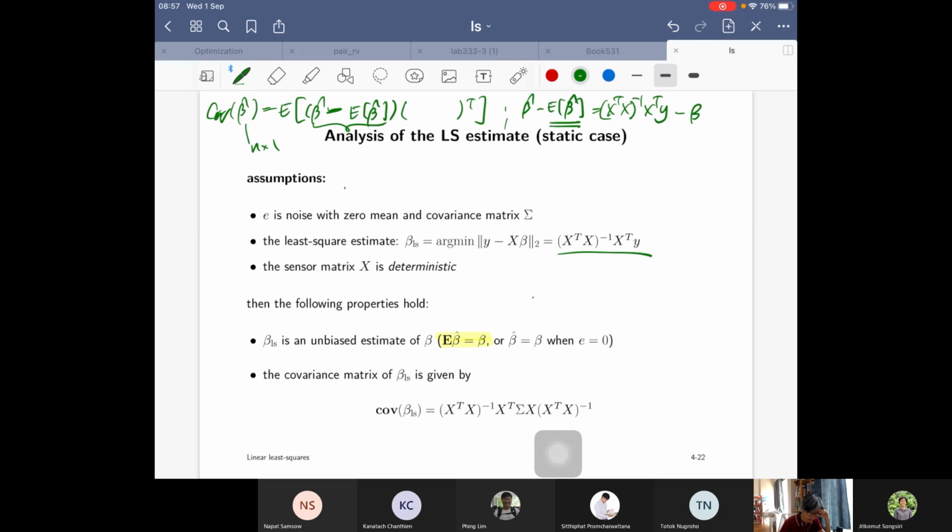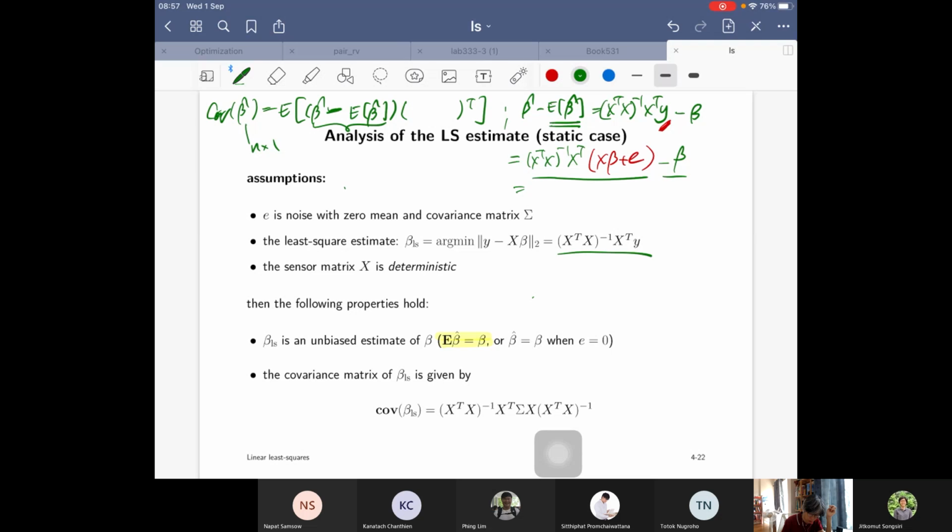Now I'm going to keep doing that, but of course now I need to use the information about y. I'm going to use the information that my y is from the data generating process. Then you just expand the calculation.